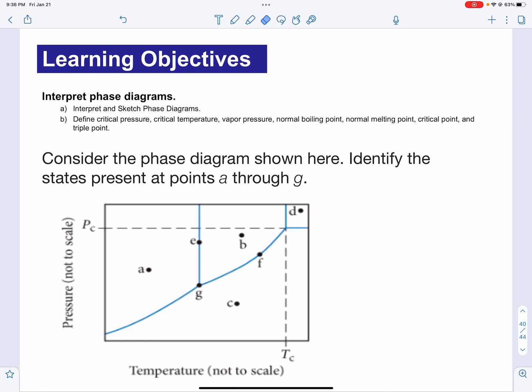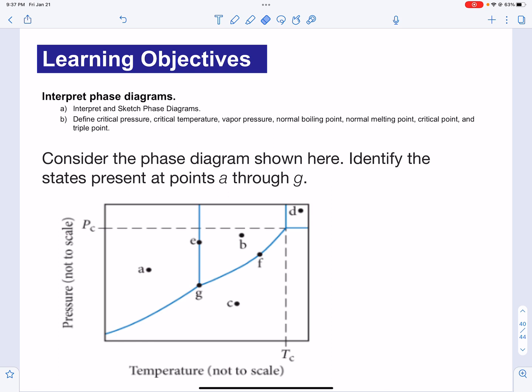In a gas, the particles are very far apart. So if I increase the pressure on those particles, I'm forcing them to come closer together. As they come closer together, the intermolecular forces will take hold, and then you can take a gas and make it into a liquid. You can take a liquid and make it into a solid just by applying pressure.